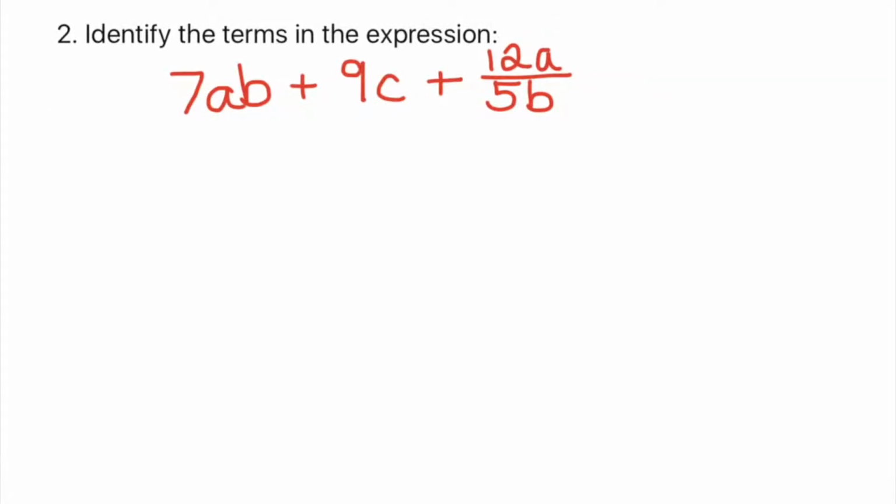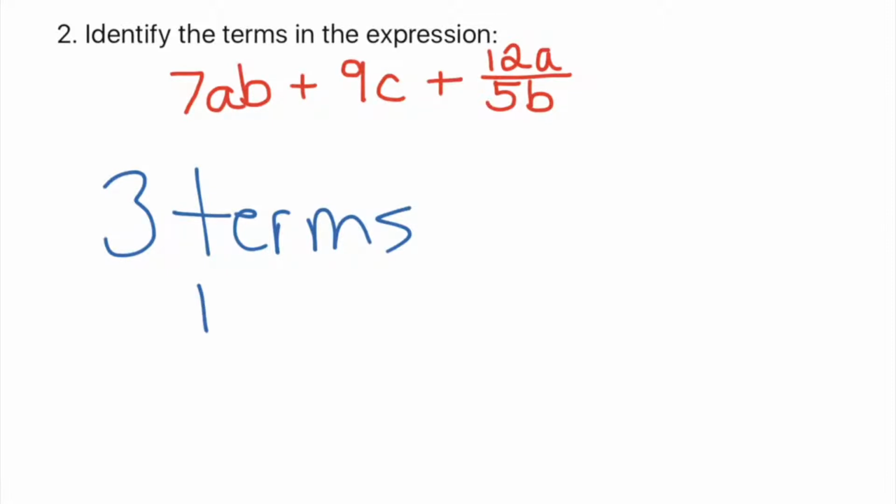Number 2, identify the terms in the expression. Remember, terms are separated by addition and subtraction signs. So we have 3 terms in this problem, but they want us to identify them. So we would say our first term is 7AB.